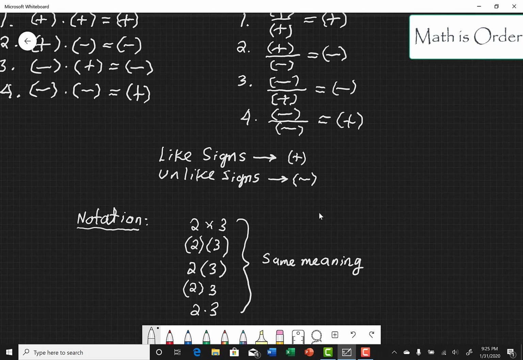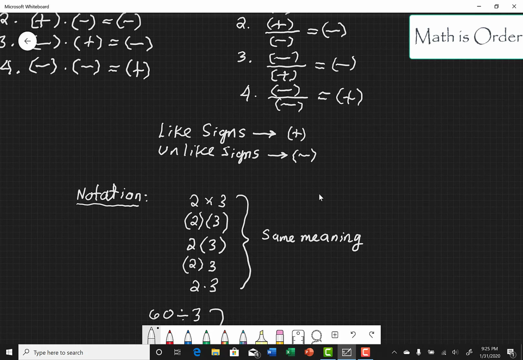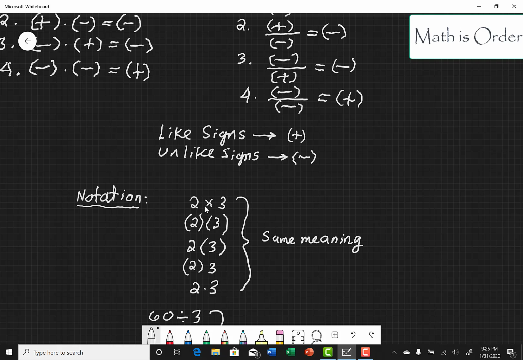All right, now let's look at some notation. You may be familiar with the x between two numbers as a way to indicate multiplication, but there are other ways of indicating multiplication, like numbers inside of parentheses that are right next to each other.